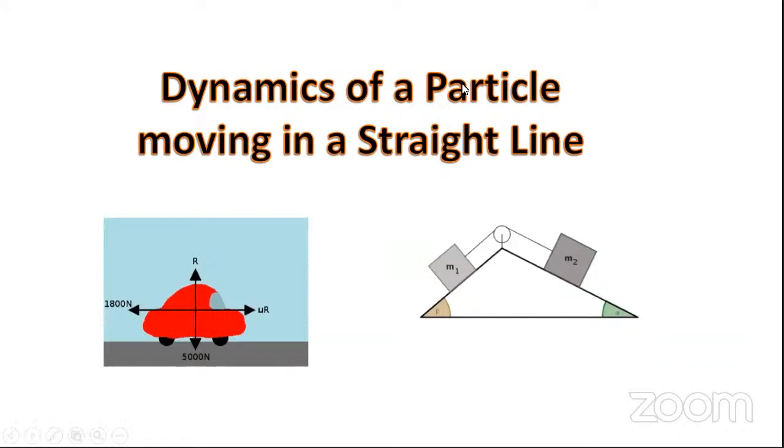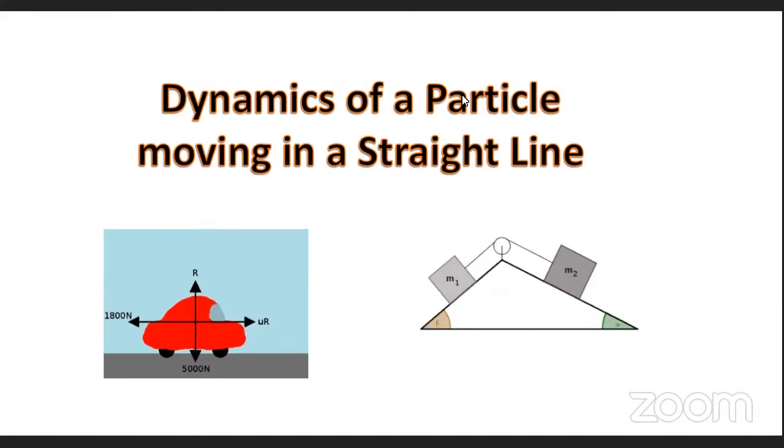So on this screen here, we have two diagrams, and I think some of us are familiar with them. So who can tell us what they see in the first diagram? What do we see in the first diagram?